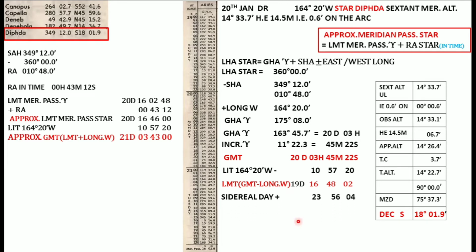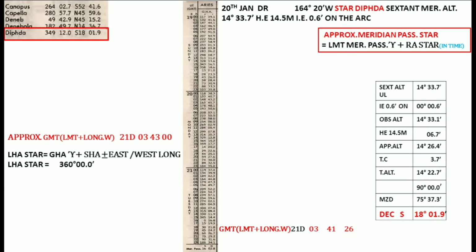So what I do is I add a sidereal day to the LMT given here, and the sidereal day we had already spoken about earlier was 23 56 04, because we want a day later than 19, so we add. If it was a day earlier, we would subtract and get my LMT. Now my LMT is correct. I use my LIT and get my declination. Get my GMT meridian passage. So my GMT meridian passage is 21st, 03, 41, 26.